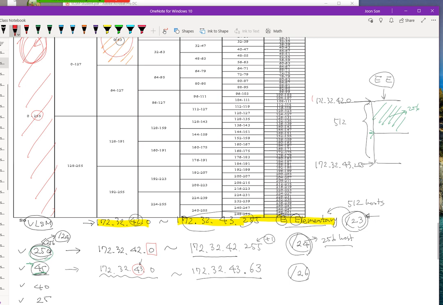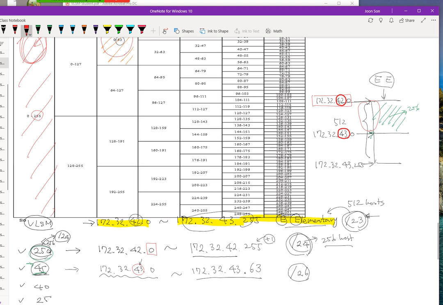The first one is this one, so this is a class C, responsible for this much. And another class C network is 172.32.43.0, which is this one. So we have a 42 and then we have a 43, two class C addresses.